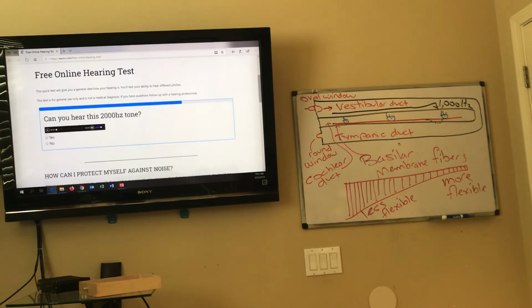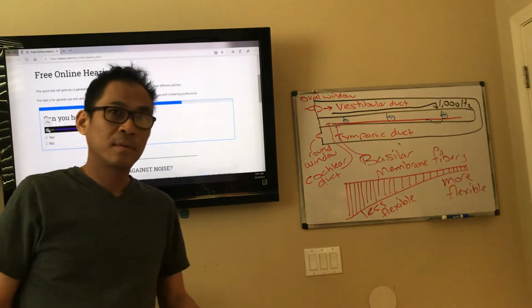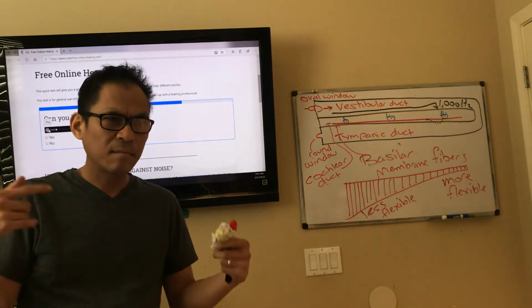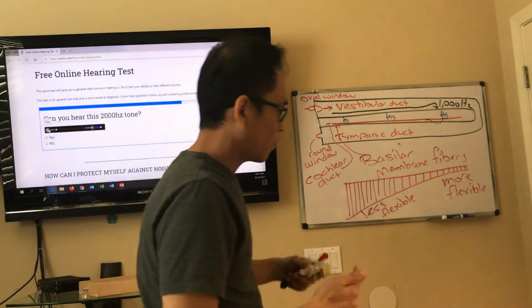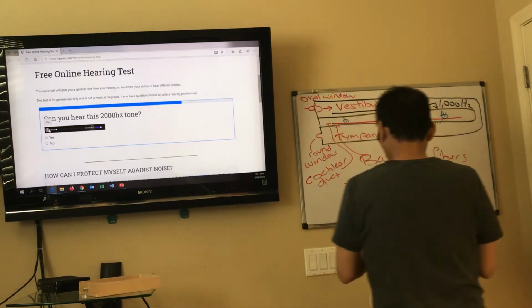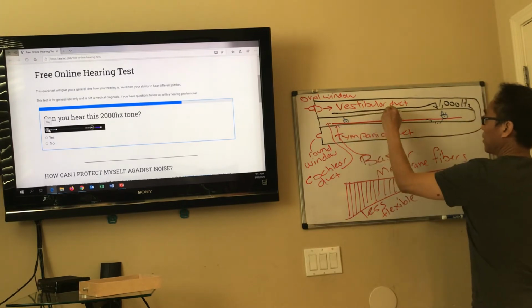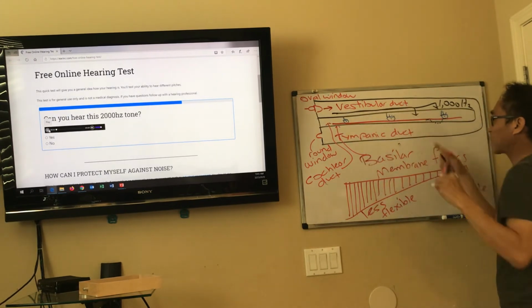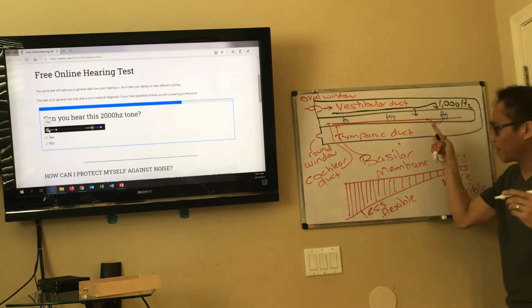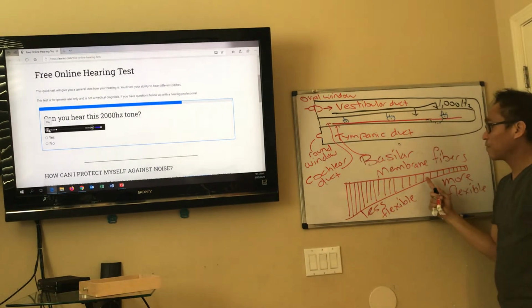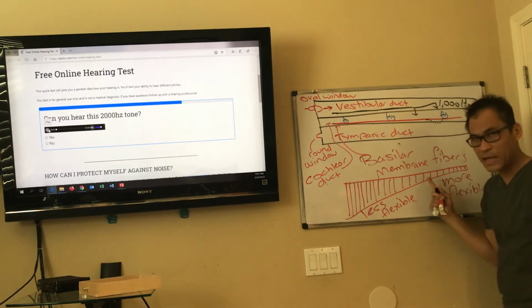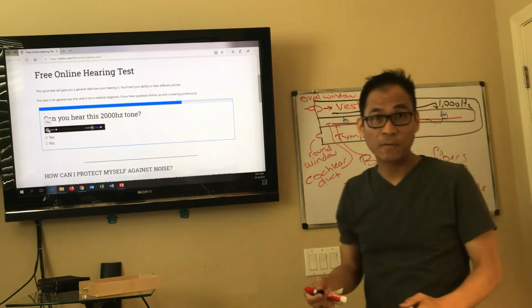Here's 2,000. Well, that's getting higher pitch, so more energy. So for the 2,000, it's going to travel along, and maybe it's going to deflect sooner because it's a higher energy, so it can vibrate hair cells in an area of the basilar membrane where it's less flexible. Okay.